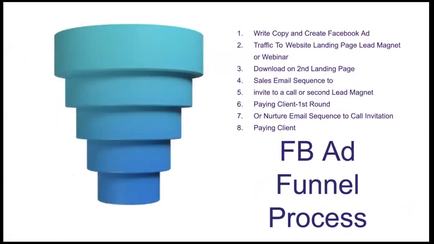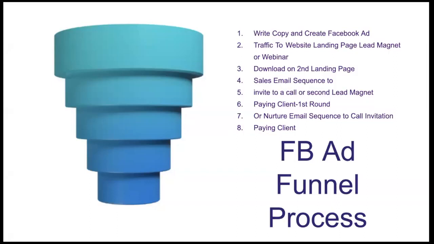So with a Facebook ad funnel process, there's always all kinds of little different tweaks that you can do. So if you think about, you're just going to go Facebook ads, you're not going to do social media or anything like that, because Facebook ads it'll be all over social media, and it'll be the audience that you choose. So it'll be people who are going to be lukewarm. So with this ad, you're going to write copy and you're going to create your Facebook ad.